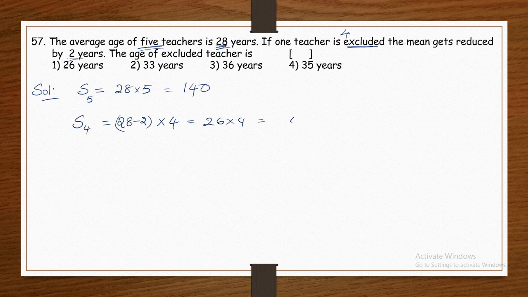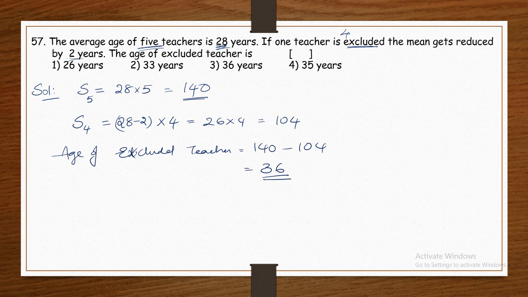Now 6 4s are 24, 2 is carried. 4 2s are 8 plus 2 is 10. Now to find the age of the excluded teacher, from the sum of 5 teachers, if I remove the sum of the 4 teachers, I am going to get the answer. So what is that? It is 36 years. Hence the answer for this question is 36 years.